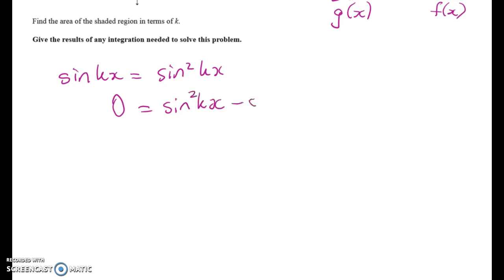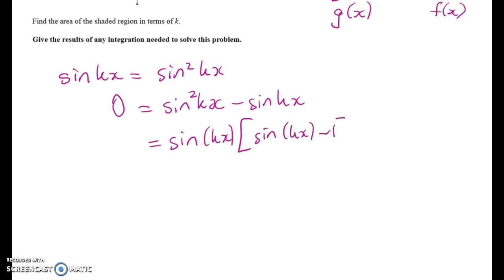So we've got sine squared kx minus sine kx equals 0. Factorising, I get sine of kx times (sine of kx minus 1). So sine of kx equals 0, or sine of kx equals 1.